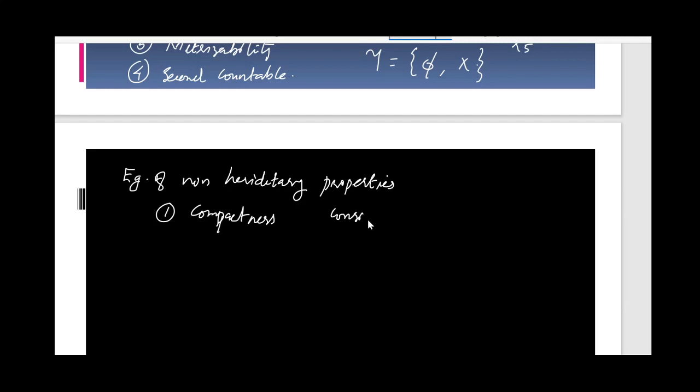Consider the real line with the usual topology. Then we have the open interval (0,1), which is a subset of R, right? Now we can have the usual topology restricted to this interval also, so it will form a topological space. Now, can you say that (0,1) is compact?